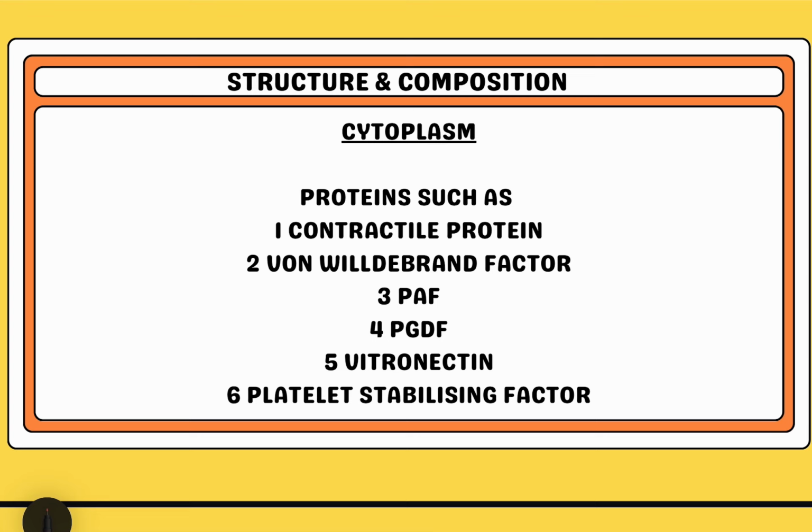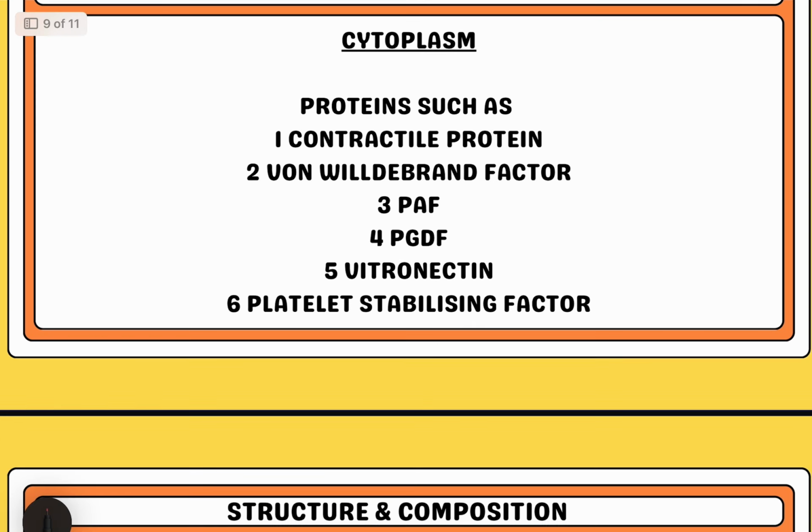Next, we have the PDGF, which is also known as the platelet derived growth factor. The main role of this PDGF is that it helps in the formation or the repairing of the blood vessels. Next, we have vitronectin, which is another protein that is responsible for the adherence of the platelets to the site, and last but not the least, the platelet stabilizing factor.